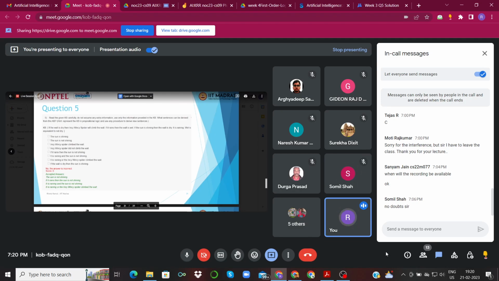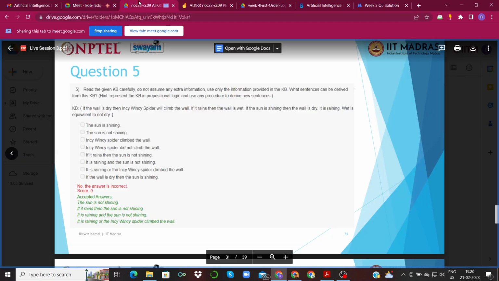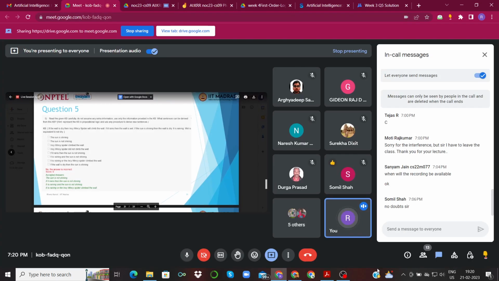It has happened before also, so it's not a big deal. Thanks for pointing that out again, Naresh as well as Somil. Other than that, I hope these options are clear because Bhaskaran sir has already shared the solution. So I hope that helps.